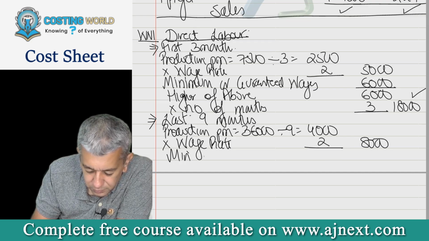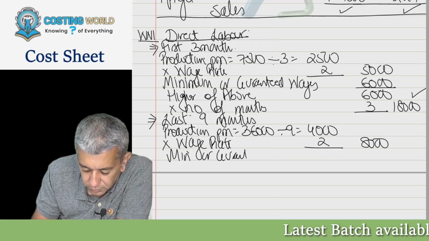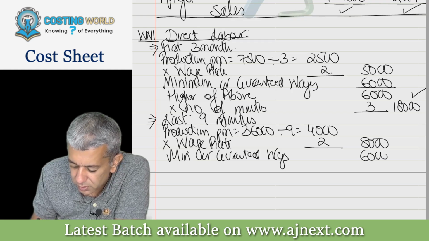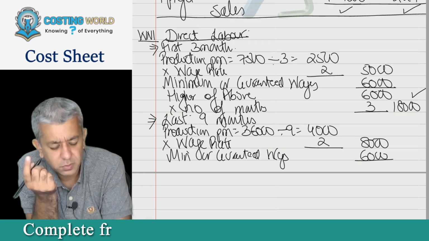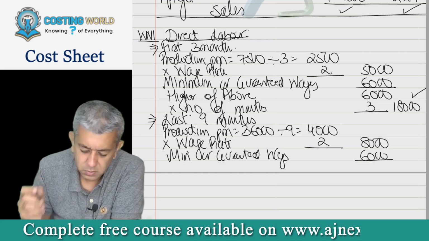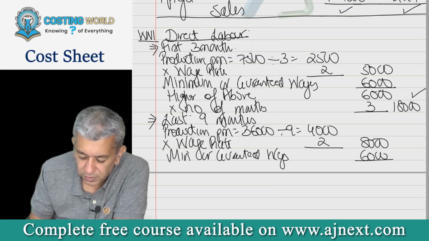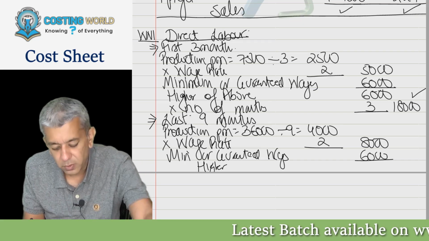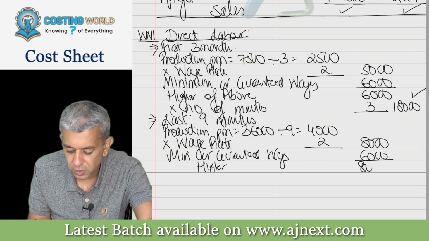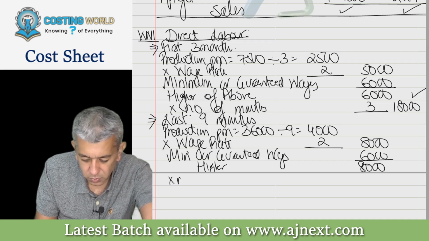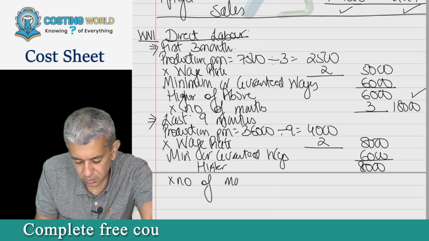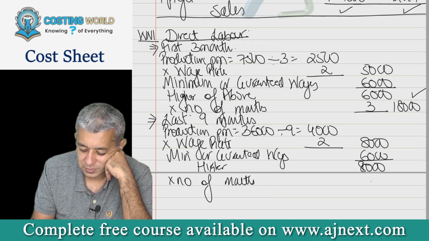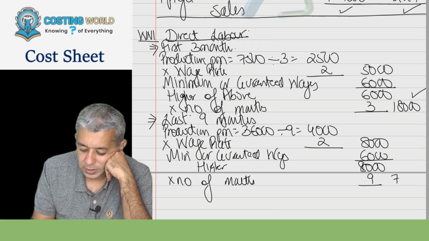But minimum or guaranteed wages is 6,000. So do I pay them 14,000? No. No, we pay them whatever is higher, no? So therefore higher, 8,000. You're going to be paying them 8,000, into number of months, 9, 72,000.